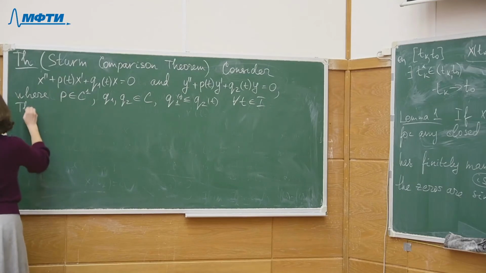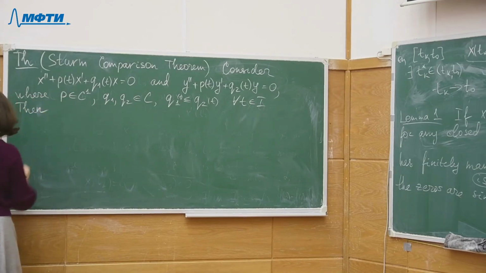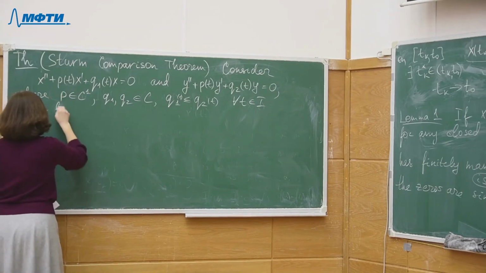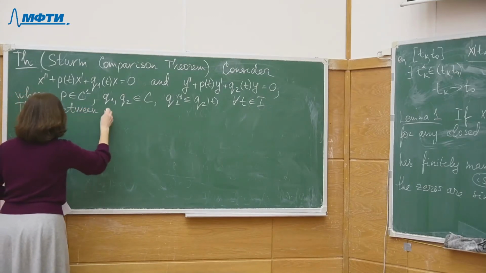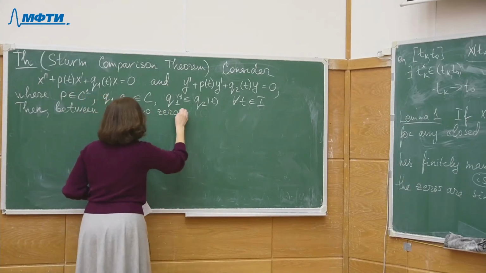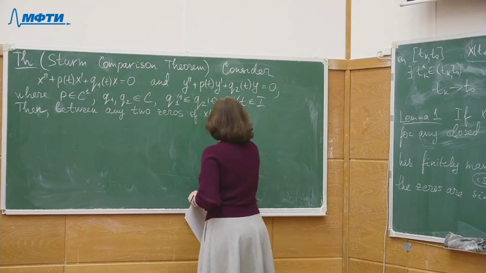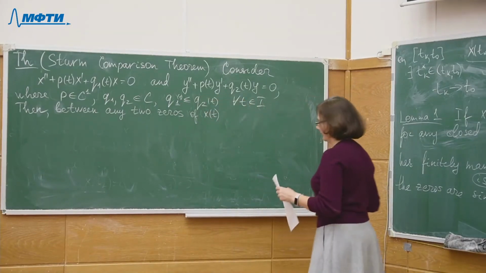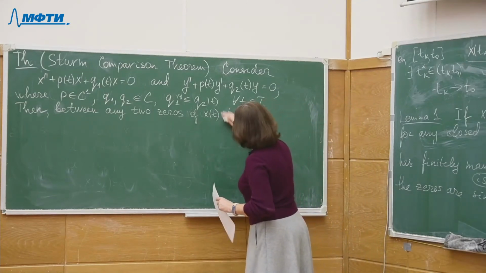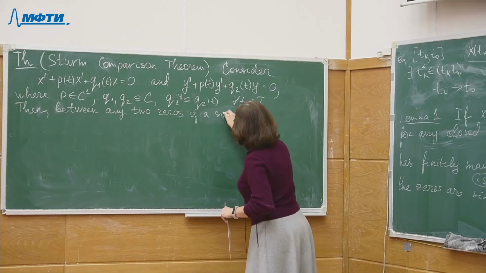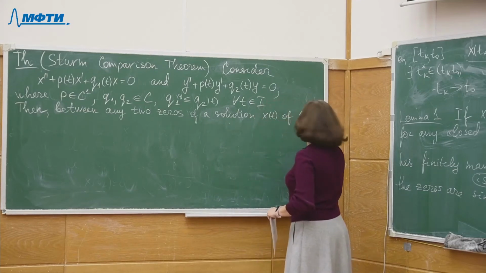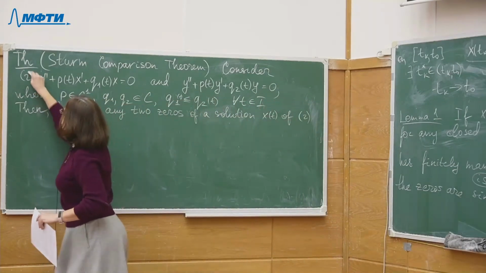So then between any two zeros of a solution x of t of the first equation, let it be equation 2 and equation 3.